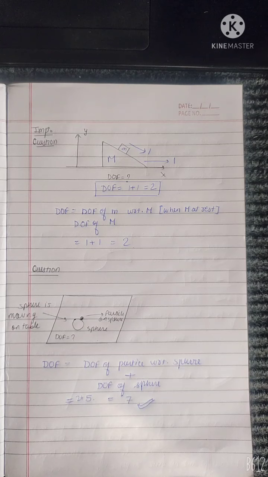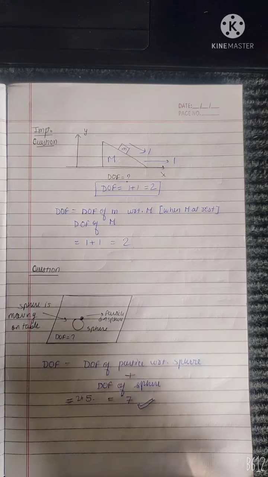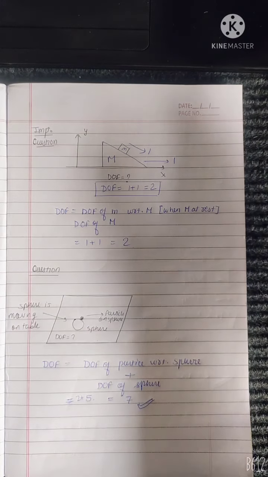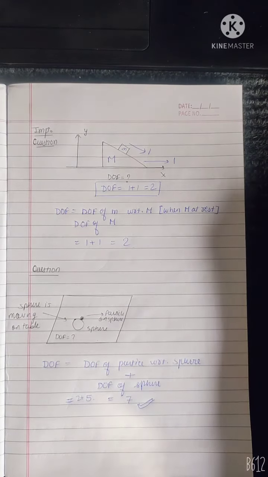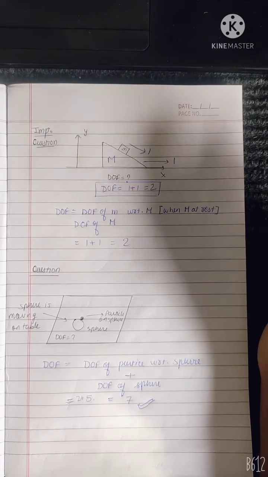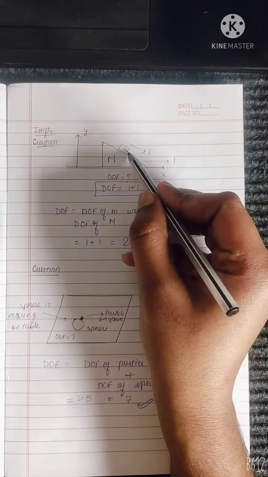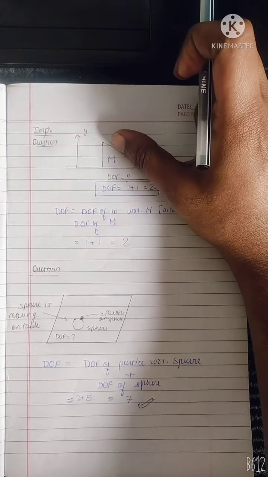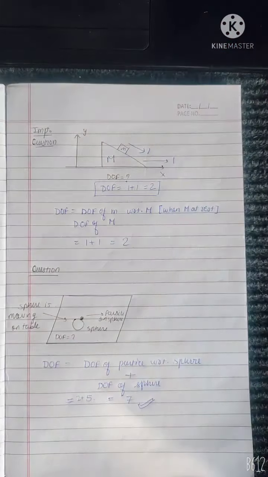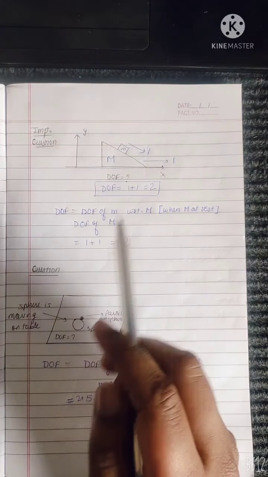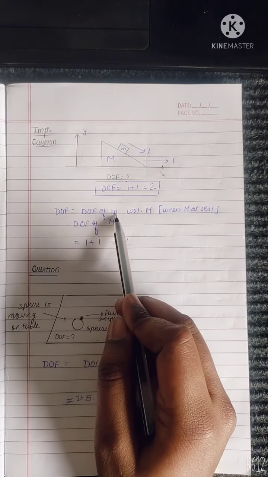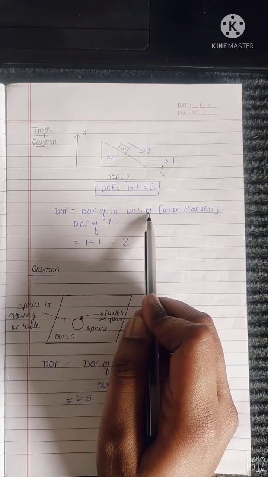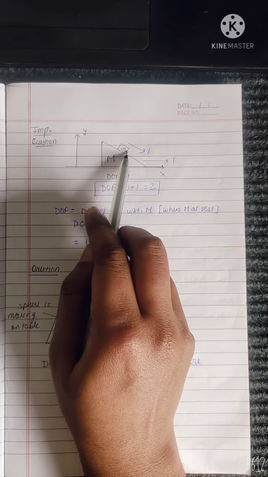Whenever there are multiple objects in the figure and they ask you the degree of freedom, the rule you need to follow is to keep the other stationary while counting the degree of freedom of one. For example, if you are counting the degree of freedom of this, we keep the other stationary. If you are counting the degree of freedom of this, we keep the other stationary. So the degree of freedom of this system will be the degree of freedom of m with respect to M. What will be its degree of freedom?